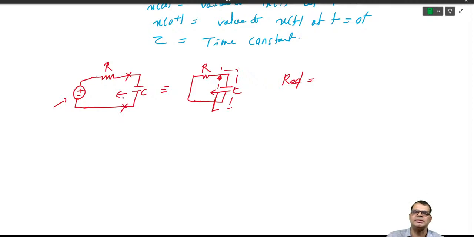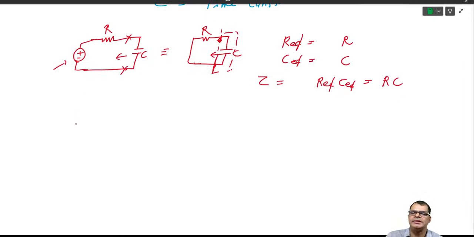So R equivalent is always found from the angle of C. Here R equivalent is R, and C equivalent, a single energy storing element, is C. So the time constant for this circuit is R equivalent times C equivalent, which is RC.